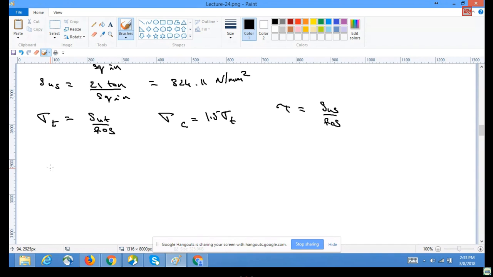So this is for the design of the joint, and then we also talk about joints with eccentric loading, anything like this.